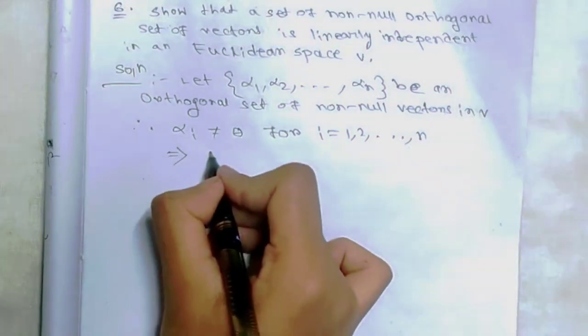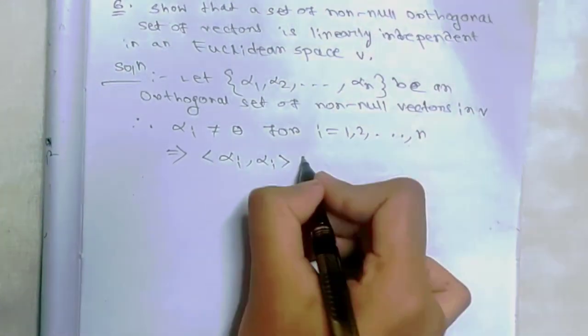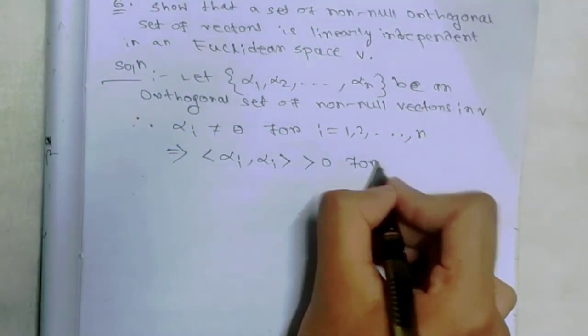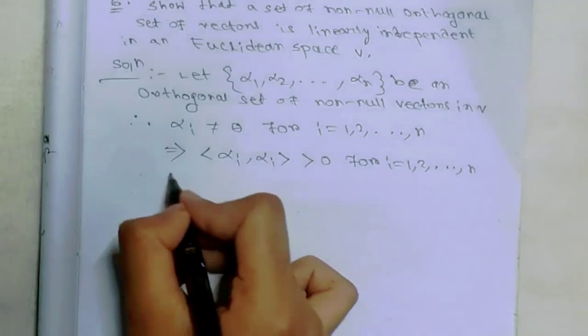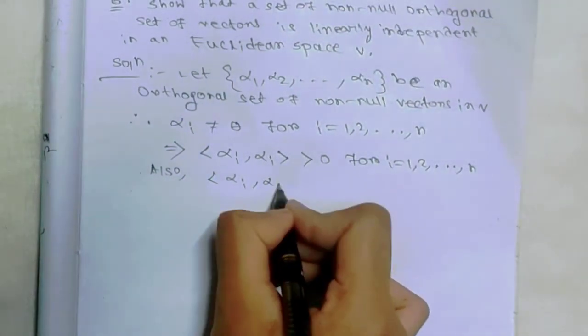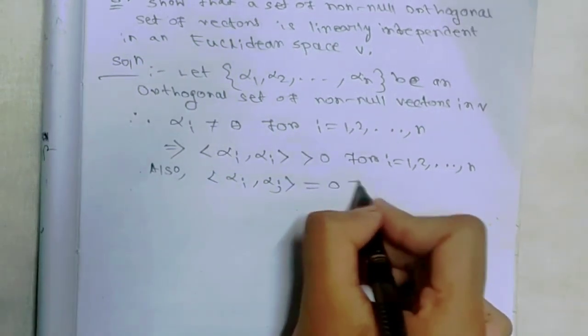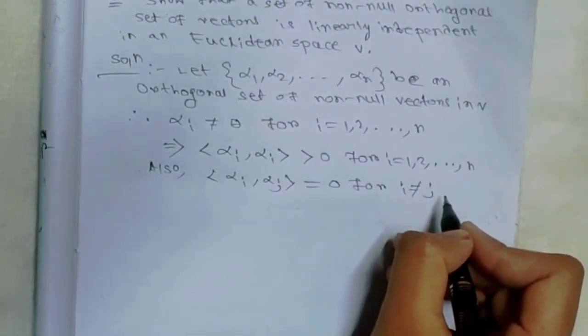That implies the inner product of alpha i, alpha i is greater than 0 for i equals 1, 2, ..., n. Also the inner product of alpha i, alpha j equals 0 for i not equal to j.